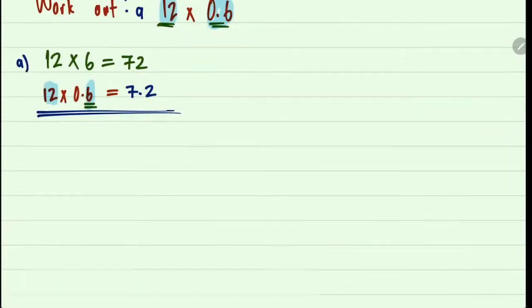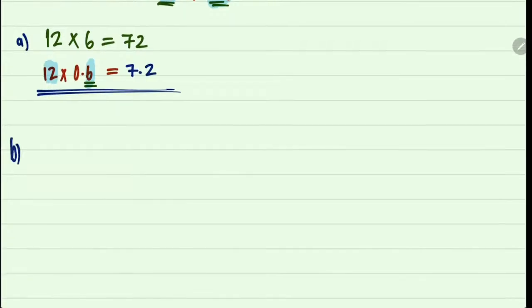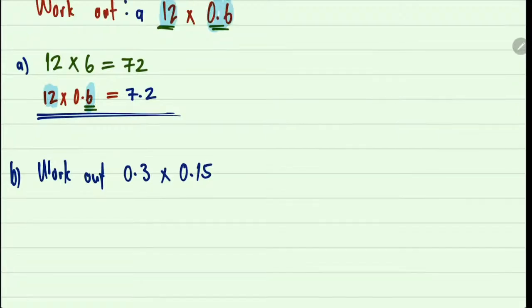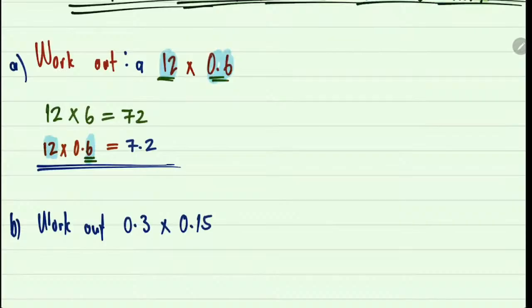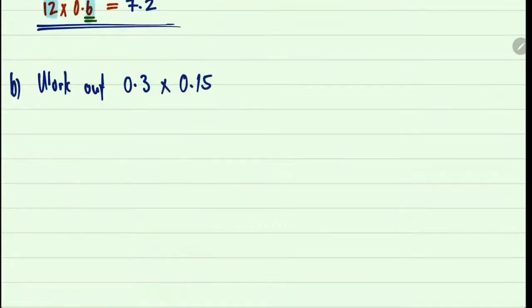All right, let's do part B. If they say work out 0.3 times 0.15, how do we work out 0.3 times 0.15?